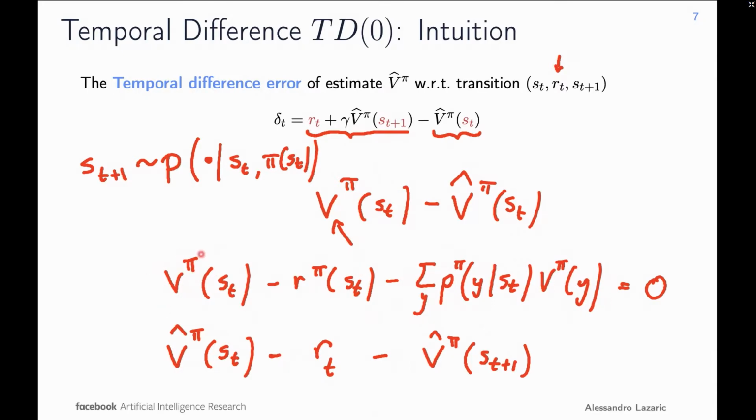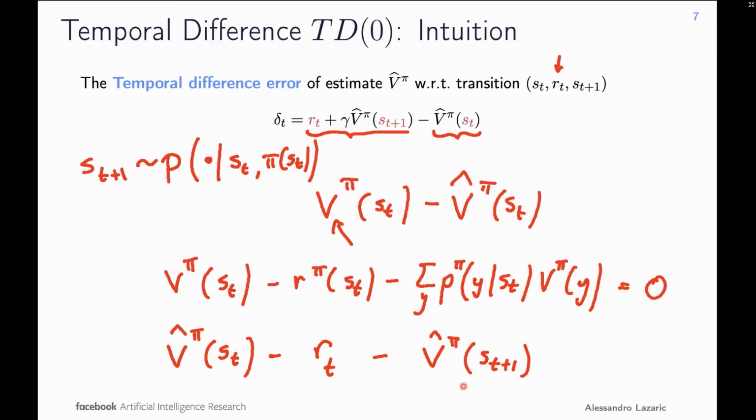I'm not really having v pi, so I replace it by v hat, and I want to measure how much v hat does not satisfy the Bellman equation, and so how wrong my current estimate is. And I replace everything that implies knowledge of the true MDP by a sample version of it.